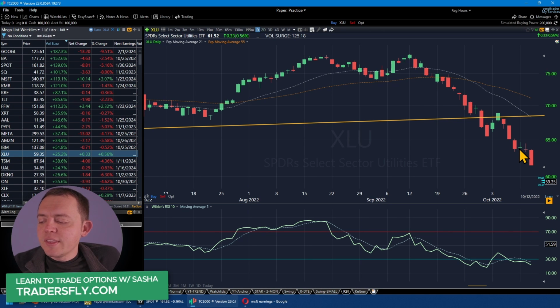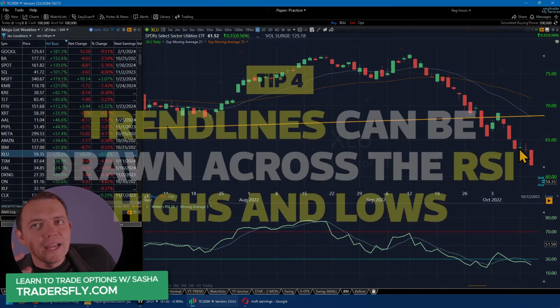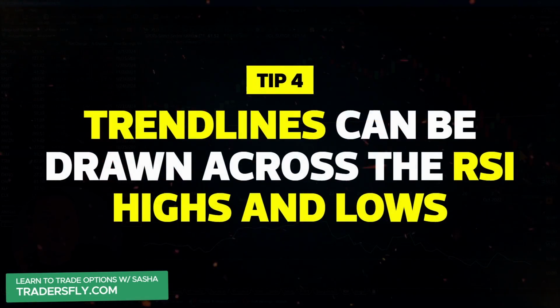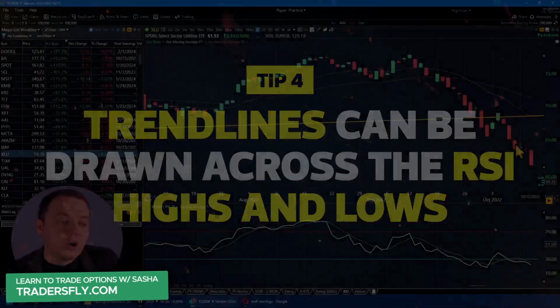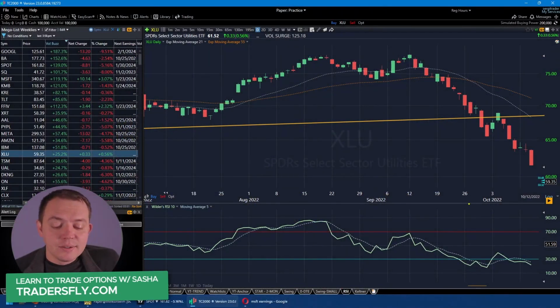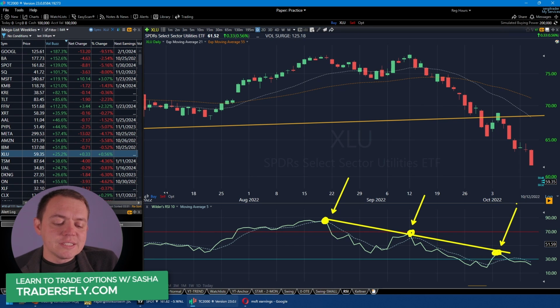All right, and the fourth thing that I want to mention for you is that you can also look at trend lines. They can also be drawn on the RSI highs and lows. So in fact, the area where you are at right here, if you look at the points that we have, we can connect that right there. And you can see you've got a resistance line on the RSI, which also moves with this.